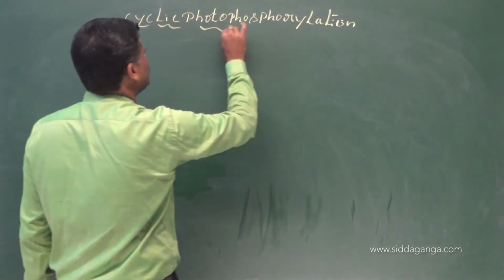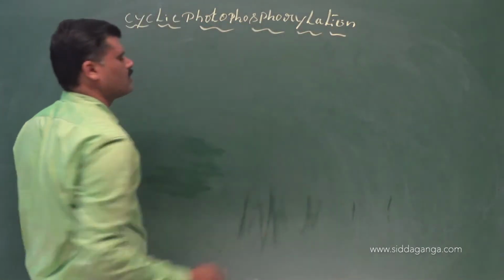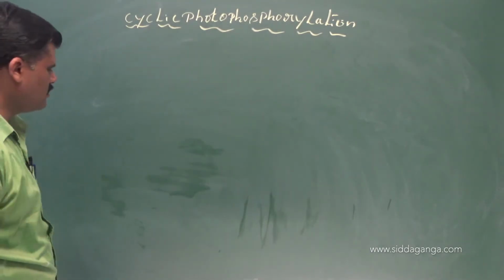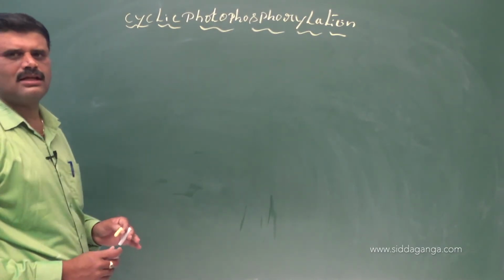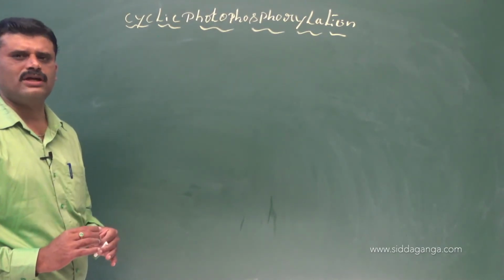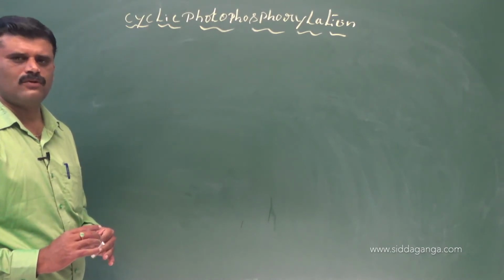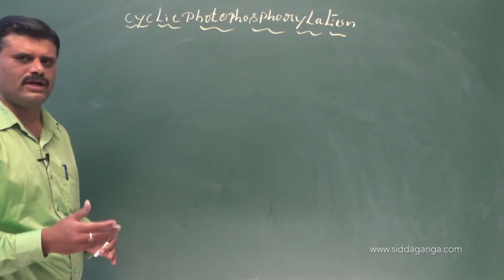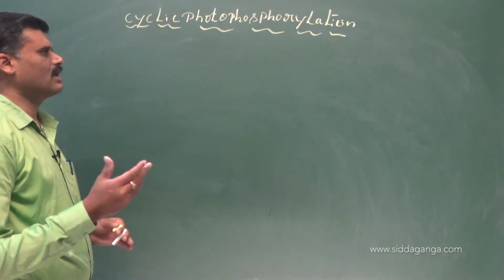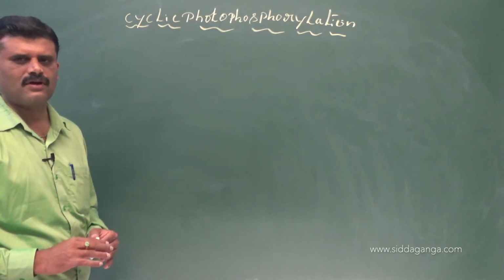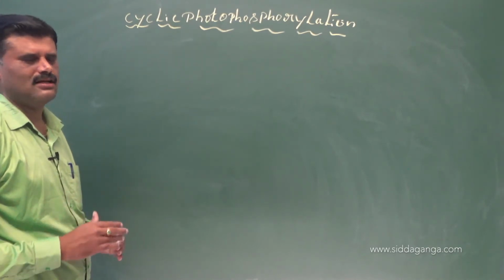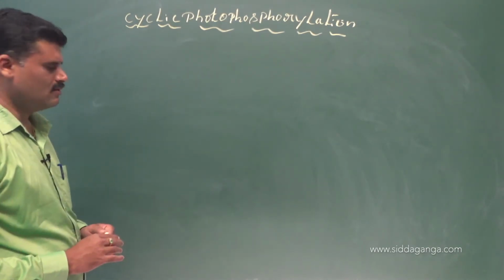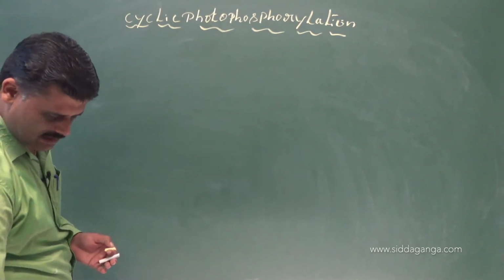I already told you, it is important for theory exam, 5 marks, and also for competitive exams. In photophosphorylation, we know that addition of inorganic phosphate to ADP forms ATP. So here energy rich chemical energy is formed, so it is called photophosphorylation. Then why is it called cyclic? I will tell you later on.